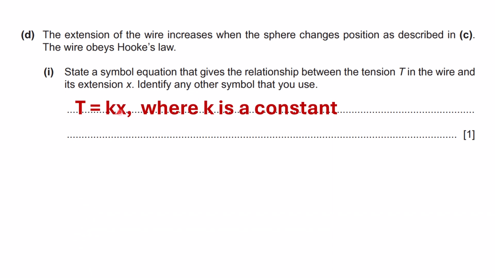So Hooke's law is force, or tension in this case, equal to the constant of the wire, of the spring, whatever is stretching, times the extension. So where k is a constant. That's all that you need to do for this question.